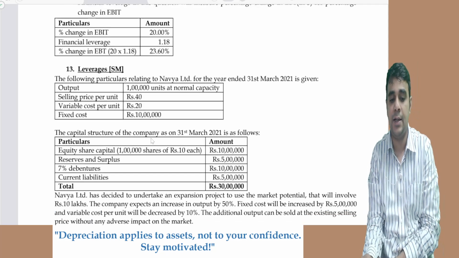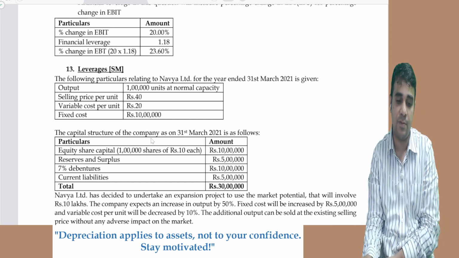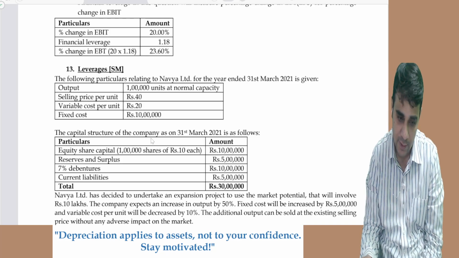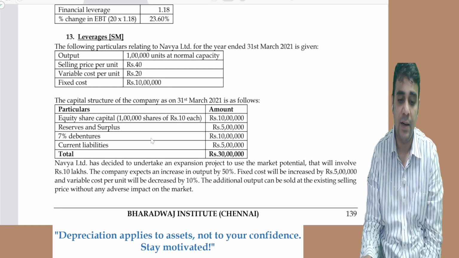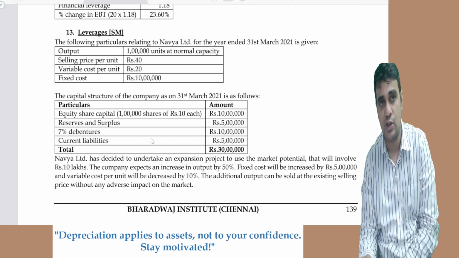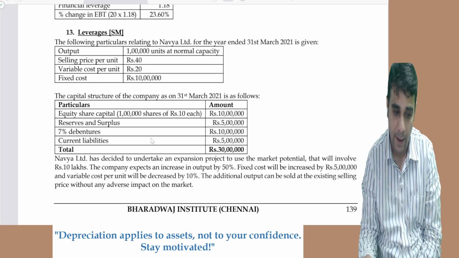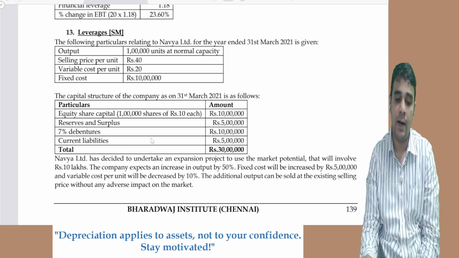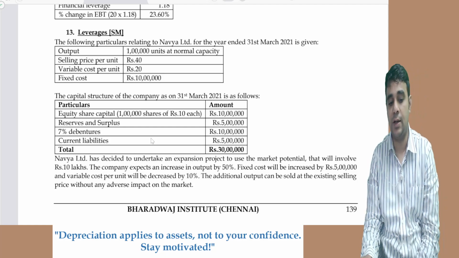The following particulars relating to Navya Limited for the year ended 31st March are given: output, selling price, variable cost, fixed cost. Capital structure as on 31st March 2021 is equity capital, reserves and surplus, 7% debenture, current liability, total is 30 lakh rupees.